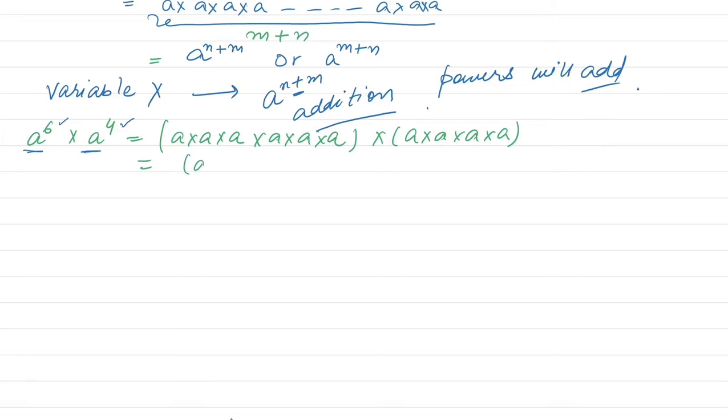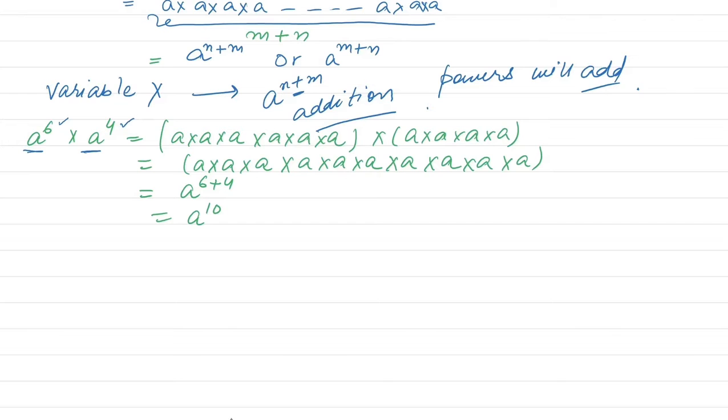We don't need to do any division in this one because there is no division sign, and then in the multiplication we just need to multiply all the a's. That will become 10 times a, and this will become a to the power 10, because 6 plus 4 is 10. So you can combine these steps, or you can straight away come to the third step if you can remember the top two steps in your mind. Multiply means you need to add the powers.